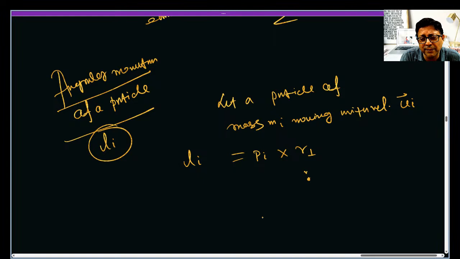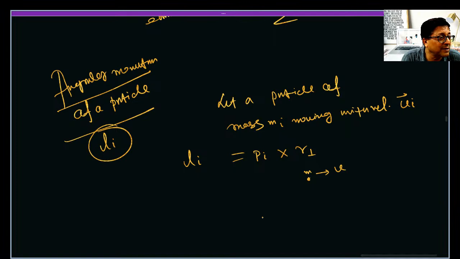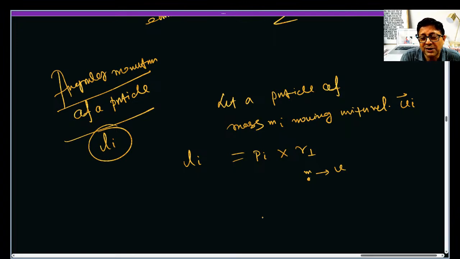Suppose mass m moving in this direction with velocity v. We want to define Li for angular momentum of the ith particle. This mass mi moving with velocity vi. What is angular momentum about the point O? How do you find this?